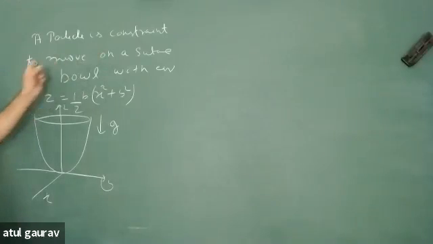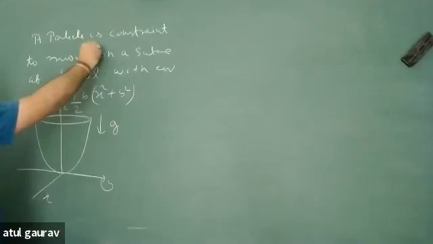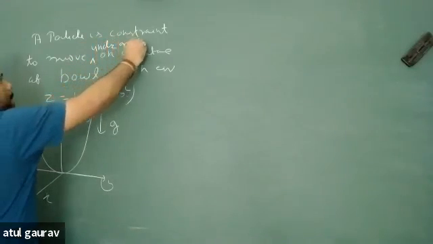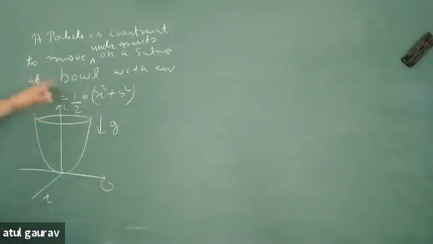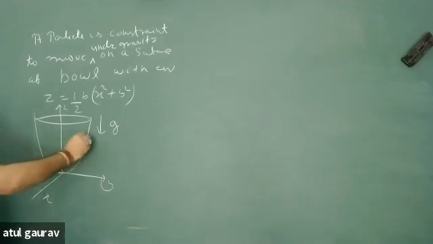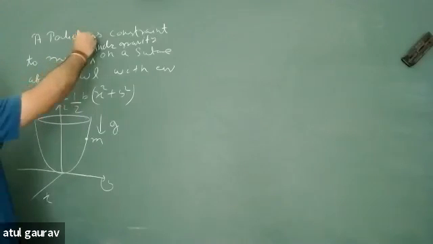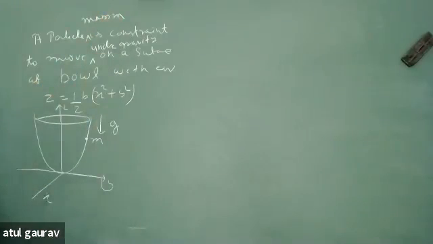A particle is constrained to move under gravity on a surface of a bowl with the equation. So the particle can be anywhere. Suppose this is my particle of mass m. So a particle of mass m is constrained to move on a surface of a bowl. So what do we have to do?